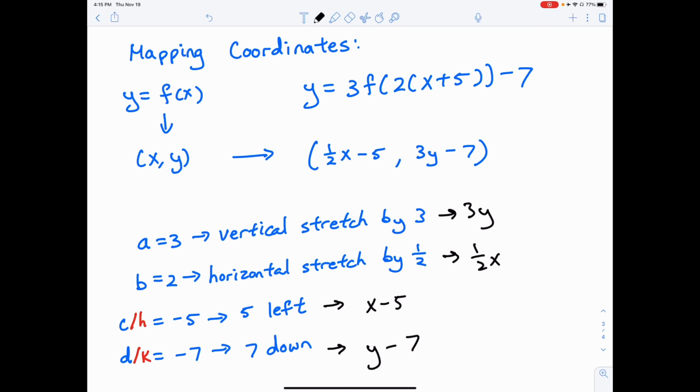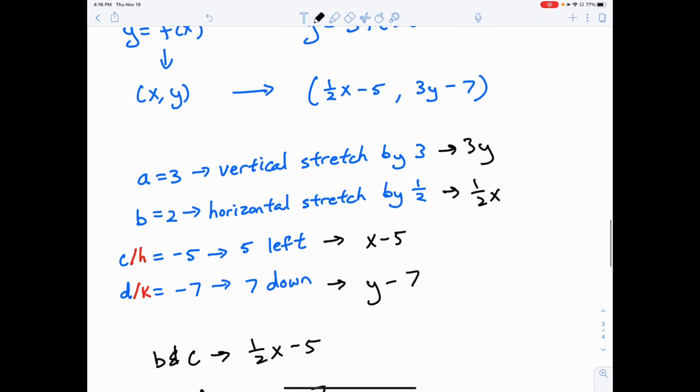So in this case, that means your x values get halved, hence 1 over 2 times x. The c value was equal to -5, so again that was 5 left, which means your x values would be 5 to the left, meaning x minus 5. And then lastly here, d was -7, which meant 7 down, which means normally if you're at y, you're now y minus 7.